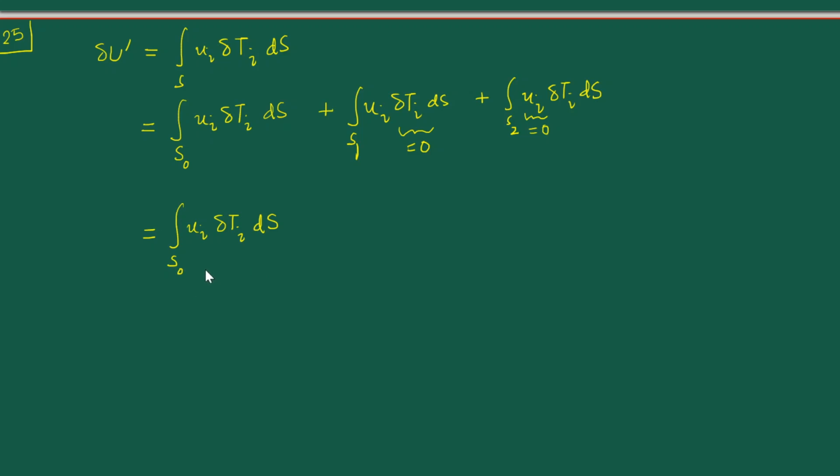That one was defined over a certain area, and this is also defined over a certain area S naught. There also we had two functions, f of xy and g of xy. Here also we have two functions, ui and this delta ti. This is involving a first variation, but no matter. The starting point of our argument for utilizing that theorem is this, that over these little spots we do not expect the tractions to change in sign.